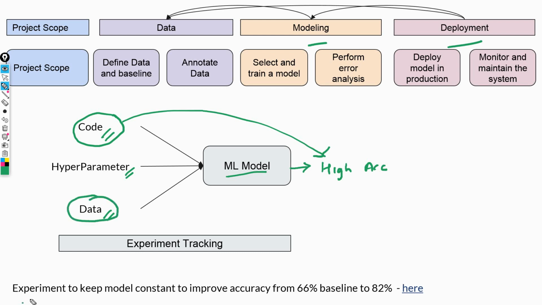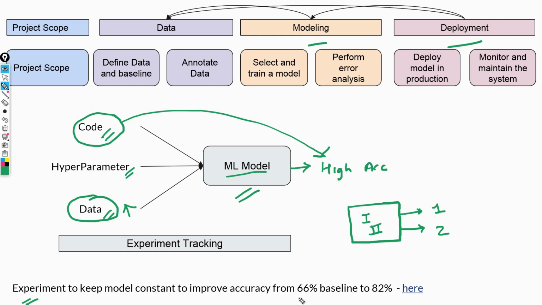So I have posted an experiment. This experiment was image classification, where you have to predict a Roman character and classify that into 1, or for example, if you have a Roman character 2, you have to predict it as a 2. Now, in this experiment, what we did is that we kept the model constant while we increased the quality of the data.